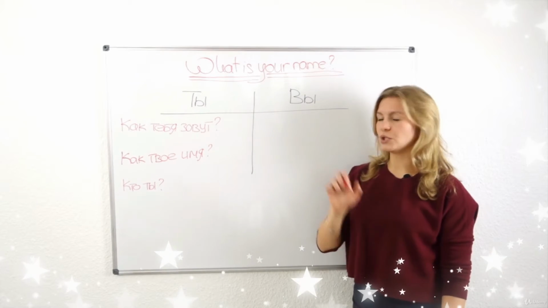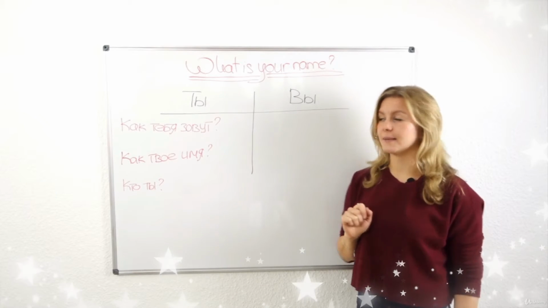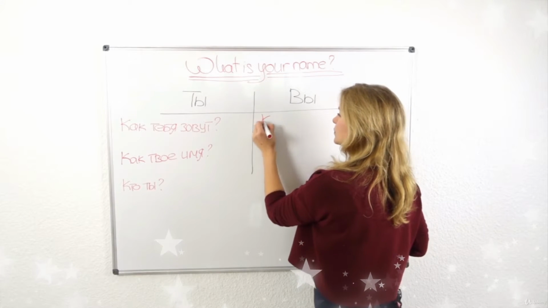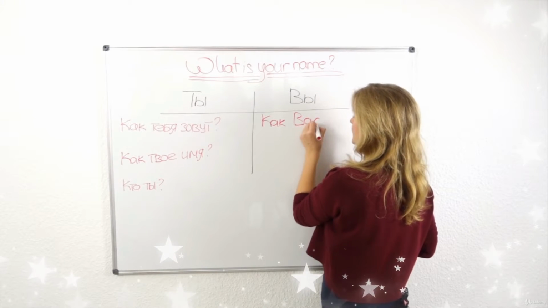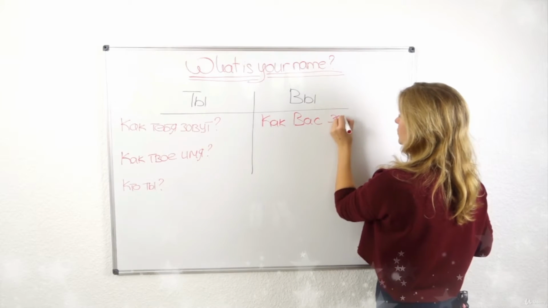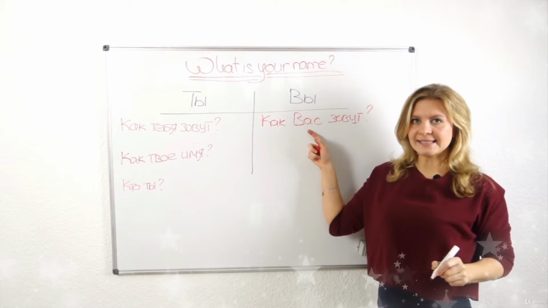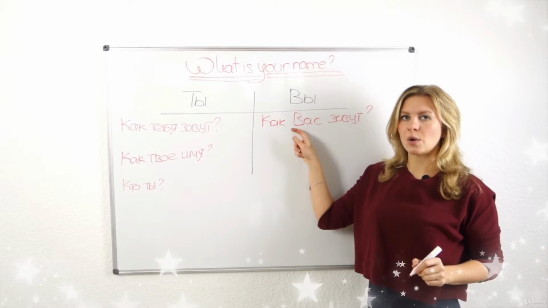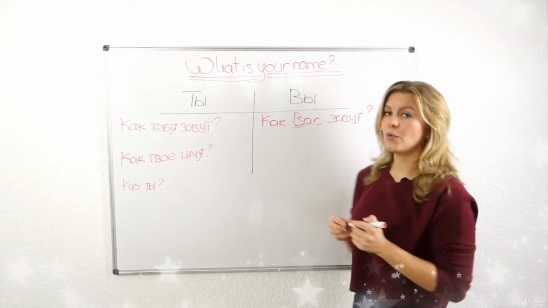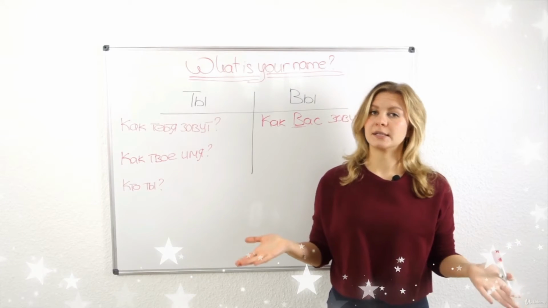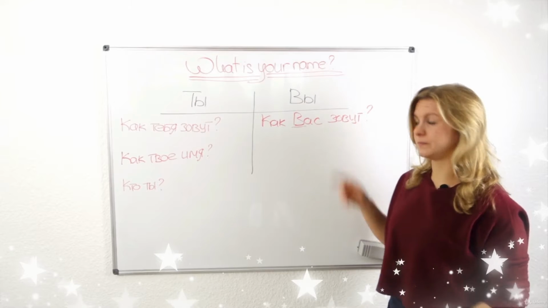Almost the same option with a little bit of differences is used for the form вы. And then it will be как вас зовут. Have you recognized? I have written вас with a big letter because we want to show that we respect our partner. Как вас зовут?